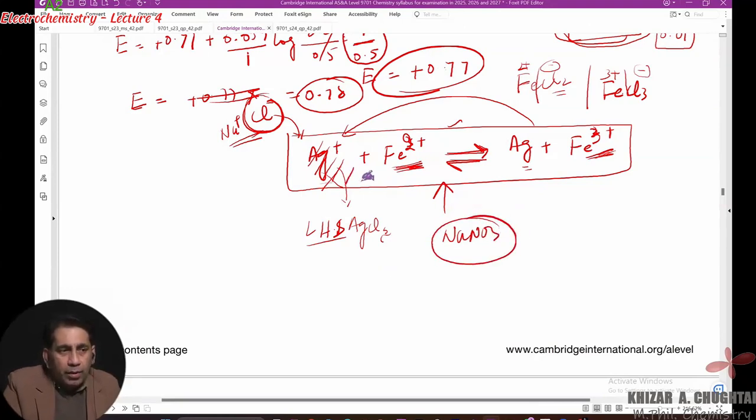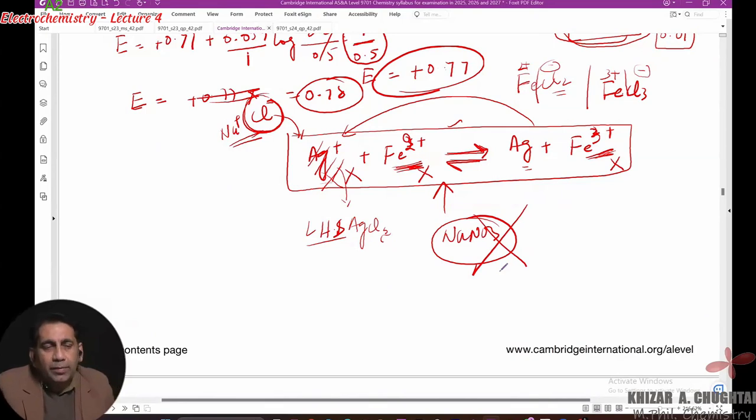Sodium nitrate is not going to change the concentration of any ion present in this beaker, in this whole mixture, because all nitrates are soluble. Ag nitrate is soluble, Fe2 nitrate is soluble, Fe3 nitrate is also soluble. So this nitrate is not going to change the composition of the mixture, so it will not change the E naught value.